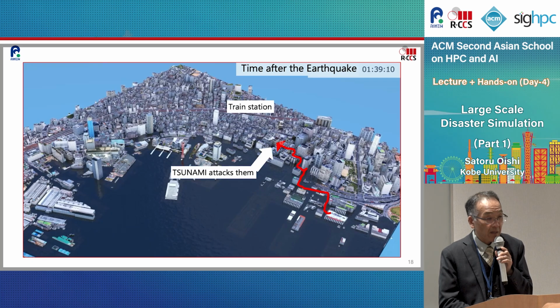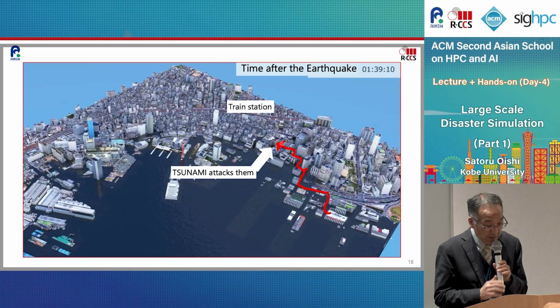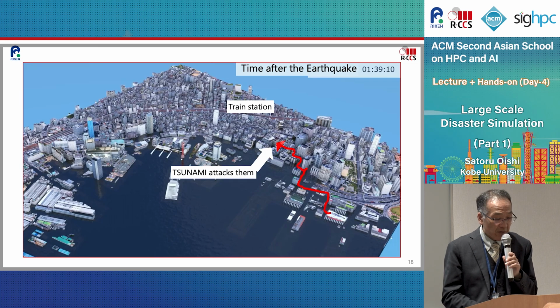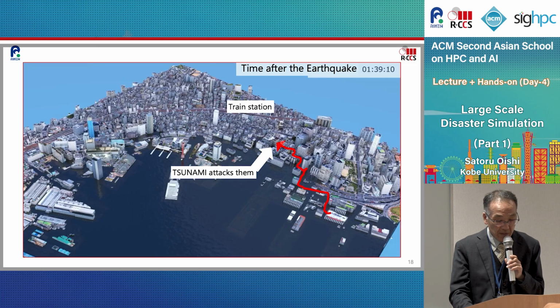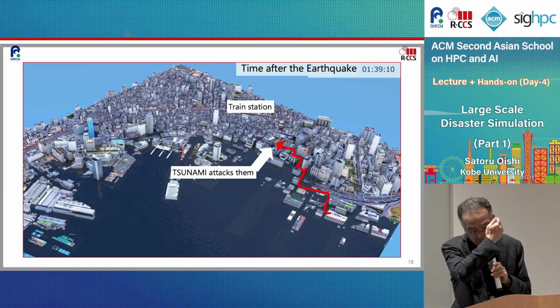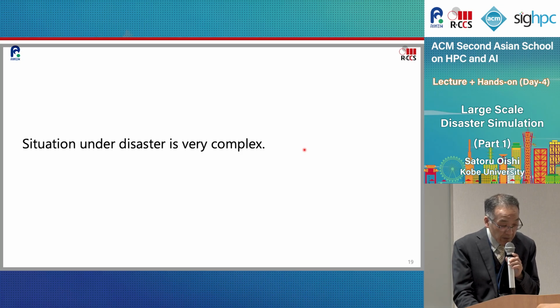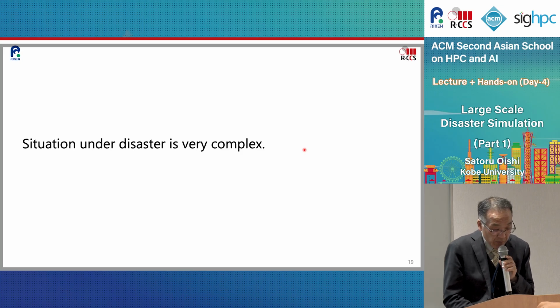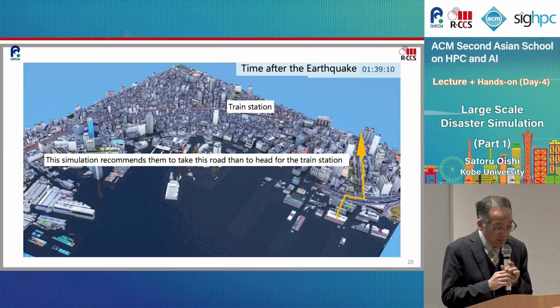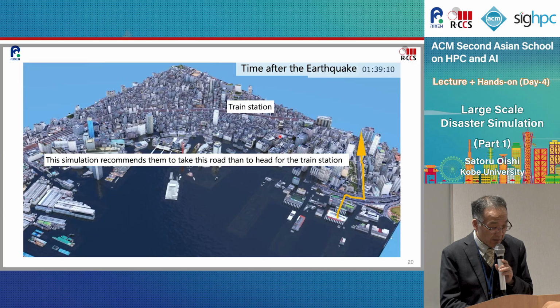Then the tsunami attacks. That is a nightmare. But the simulation can make you aware of this kind of situation. The situation under disaster is very complex. But this simulation recommends you to take this road rather than the normally used road.